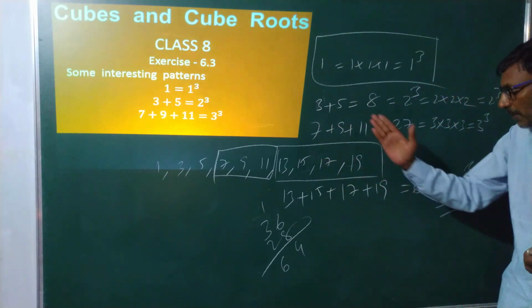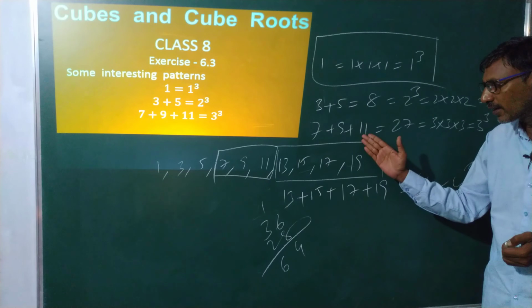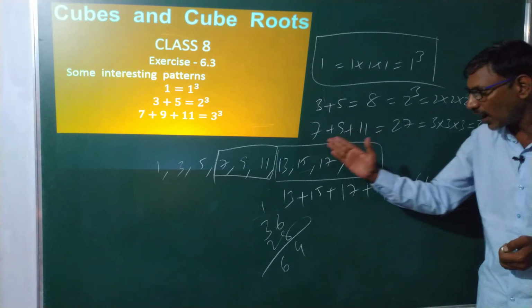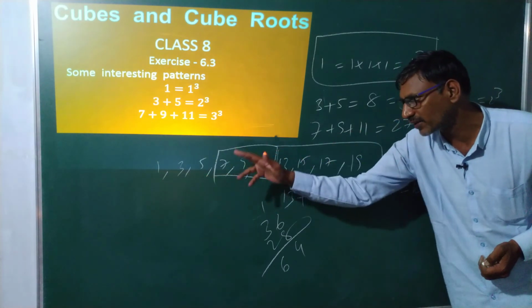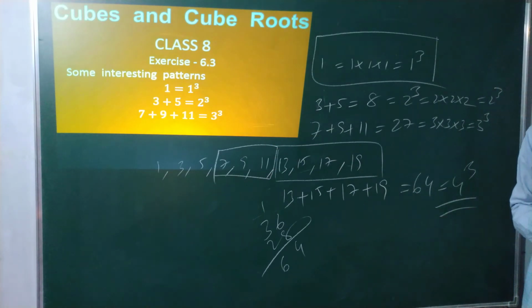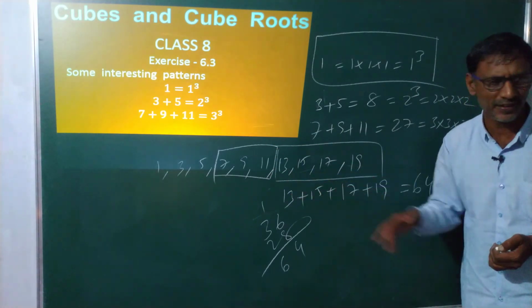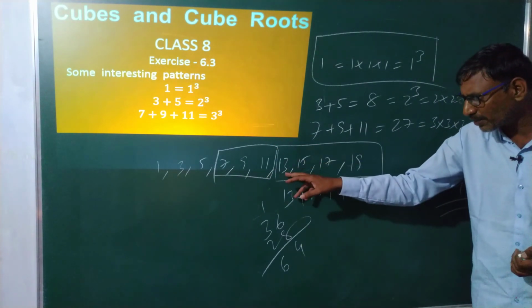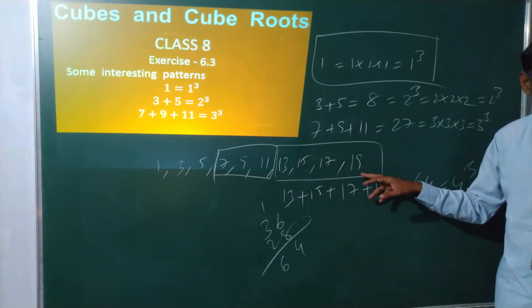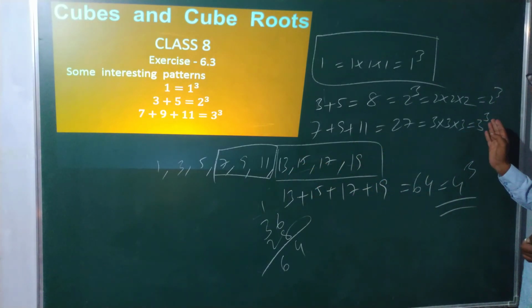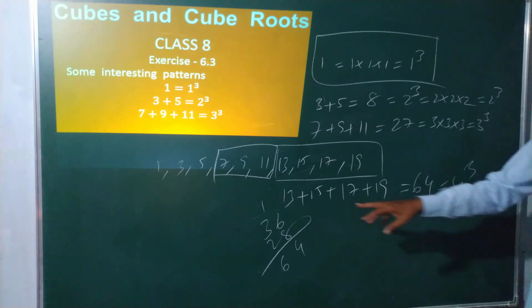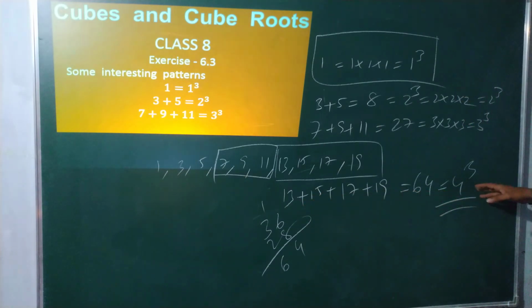From the first 3 consecutive numbers after the first pair, after the next pair, after the third pair. These are all consecutive numbers. If they start from 13, 15, 17 and 19, they give a cubic number. These are my cubic numbers.